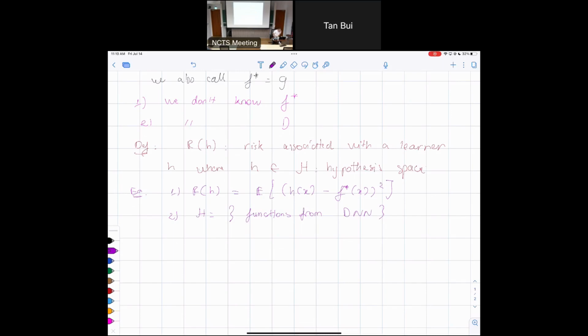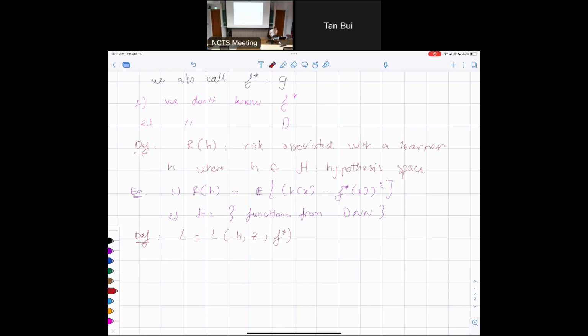We also define a loss function, by the way. Another definition that we're going to use is L, called the loss function, as a function of h and z, the true.